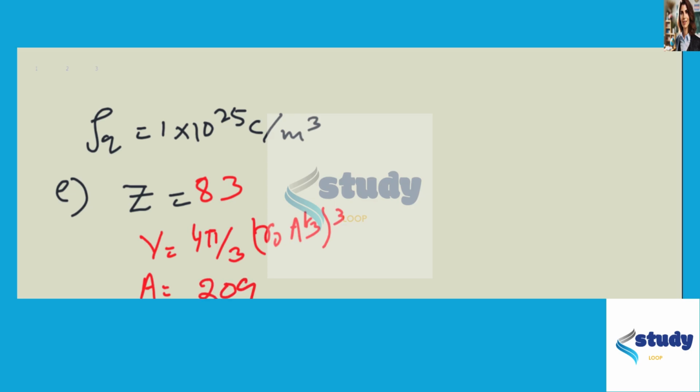Substituting those values, we obtain ρq to be 8.8 times 10 to the power 24 coulombs per meter cubed.